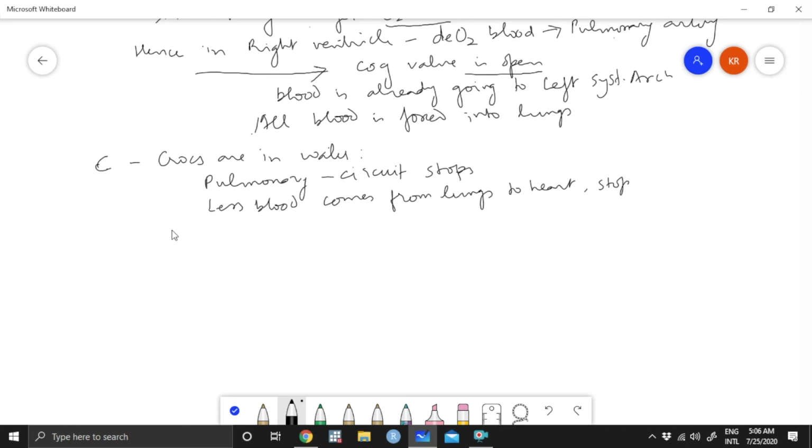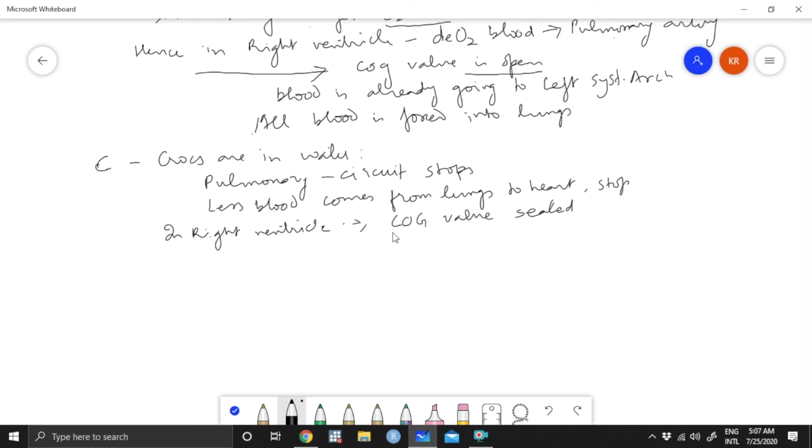At this time, in the right ventricle, the cog valve is sealed.